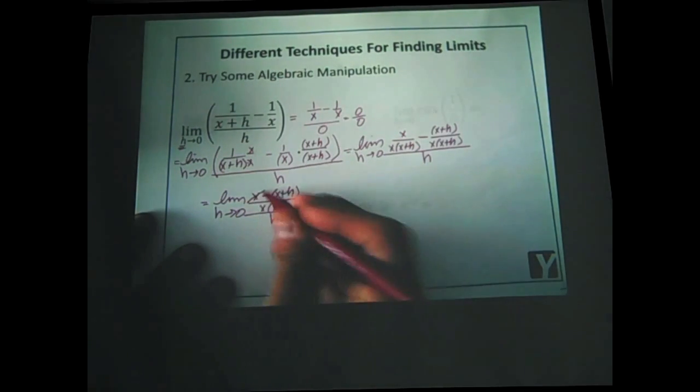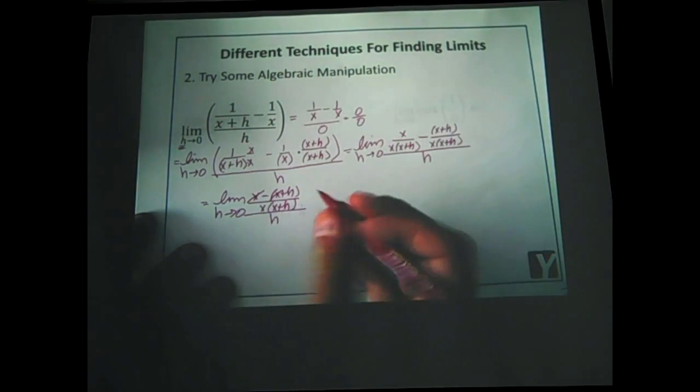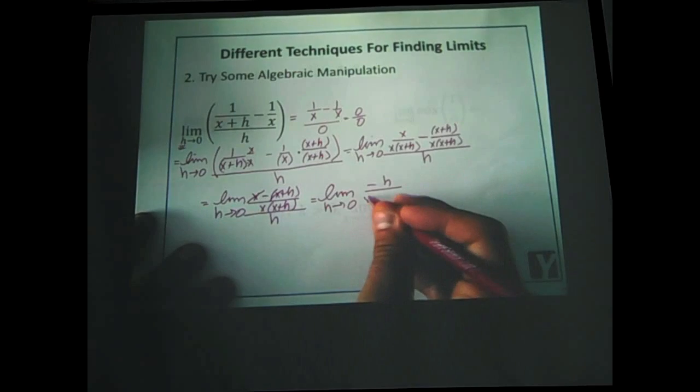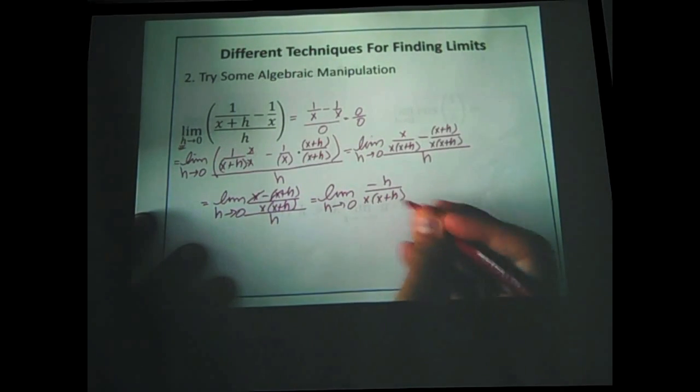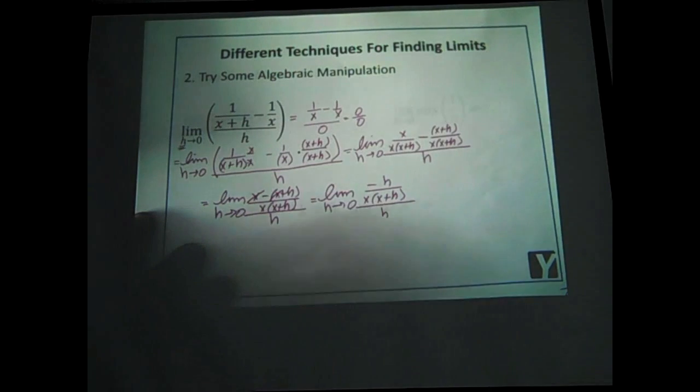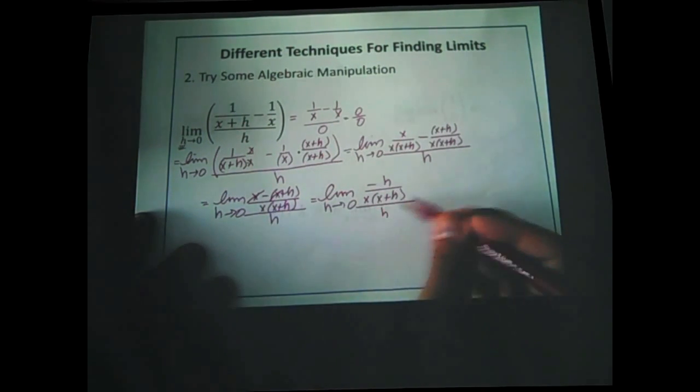X minus x, those x's are going to cancel out. We then have the limit as h approaches 0, negative h over x times x plus h, all being divided by h.